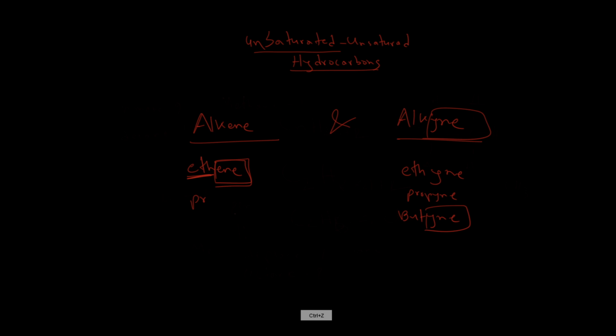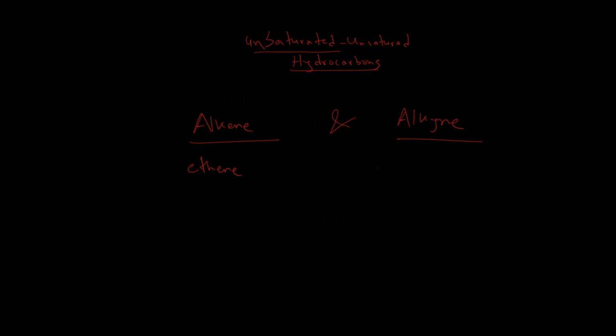Now, as I just said, alkyne and alkene contain double bond and triple bond, unlike the saturated hydrocarbon alkane, which has only single bonds. So ethene is CH2 double bond CH2.